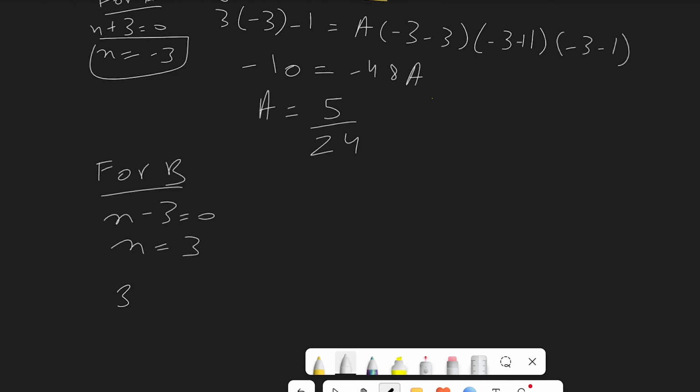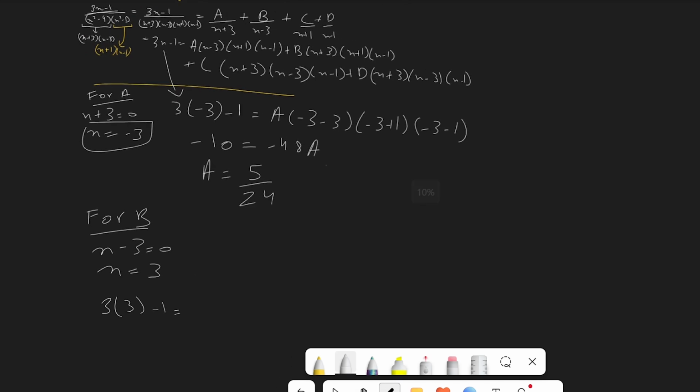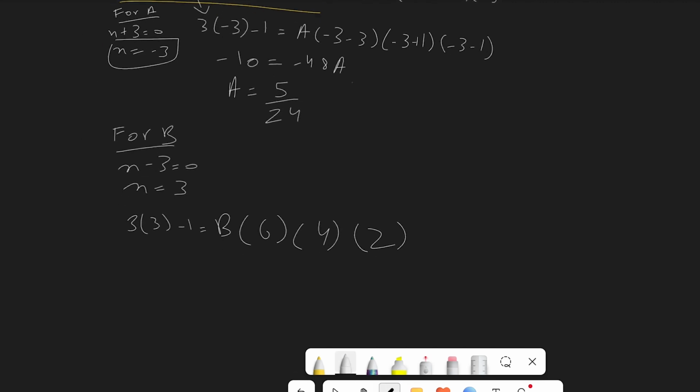So 3 into 3 minus 1 is equal to the b term, b into 3 plus 3, which is 6, 3 plus 1 is 4, 3 minus 1 is 2. 6 times 4 times 2 is 48, so 48b is equal to 9 minus 1, 8 over 48, which is 1 over 6. So b is equal to 1 over 6.